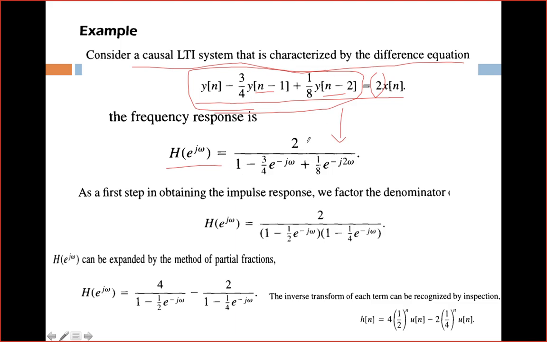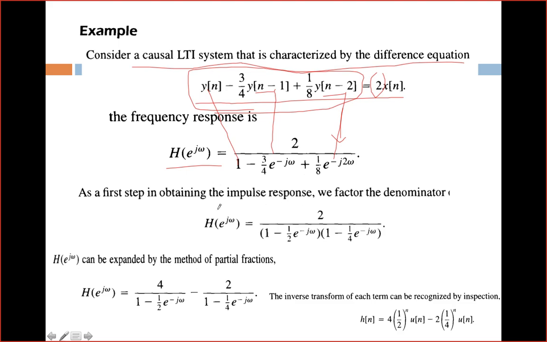Just see the equation and you can directly write it: for y of n minus 1 the delay gives e power minus j omega, for n minus 2 it gives e power minus 2 j omega, and there is no change in the coefficients. Simply, I have found the transfer function of the given system equation.